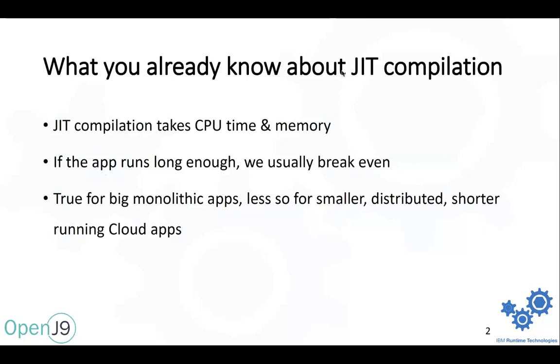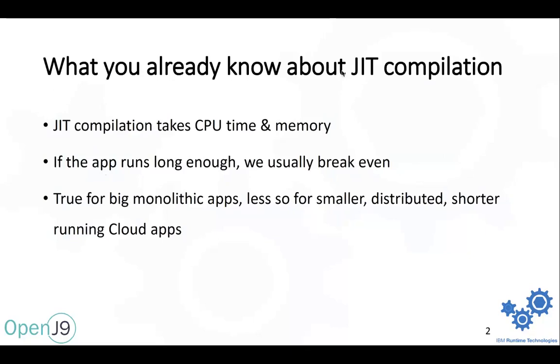The JIT compiler produces optimized code, and if your application runs long enough, you hope to break even and you hope to get more performance than what you put into it. Typically that has been true in the past. It's been true when people used to develop large monolithic applications that ran for a very long time. But we're finding that it's less true nowadays.